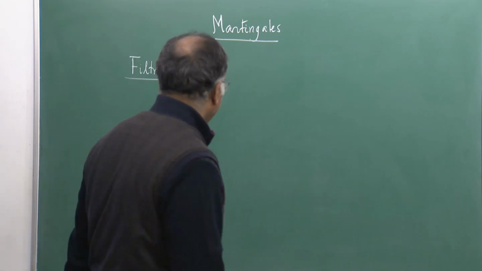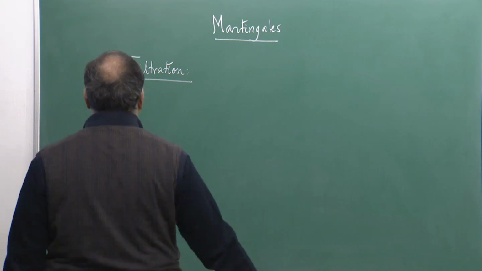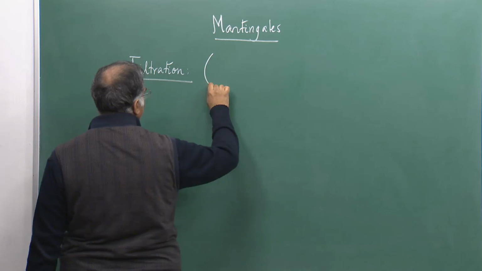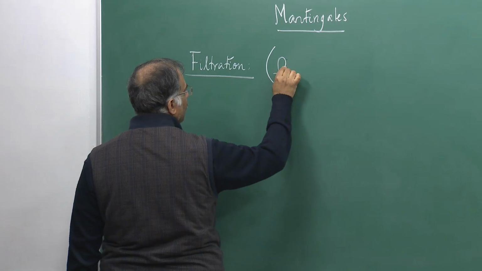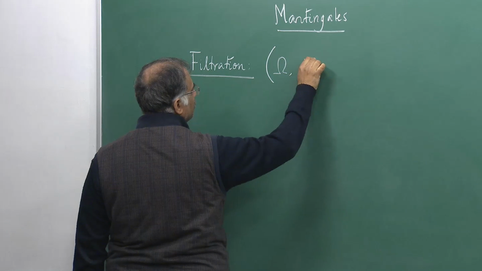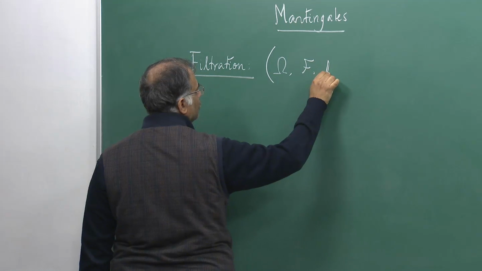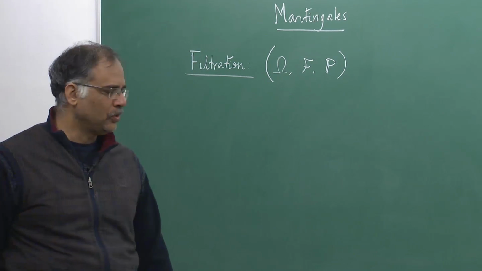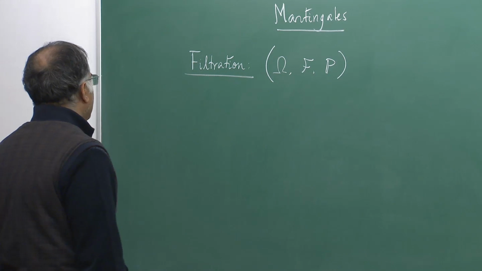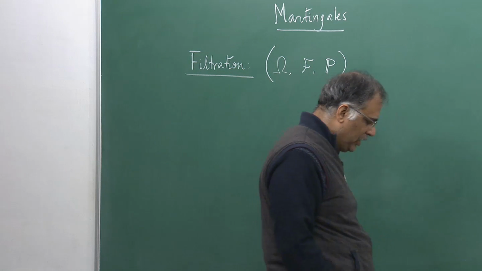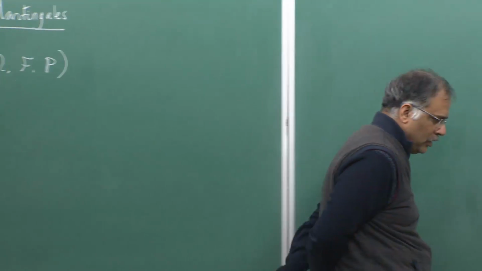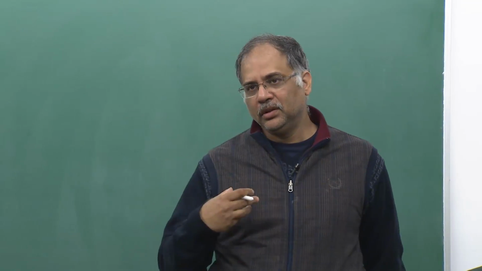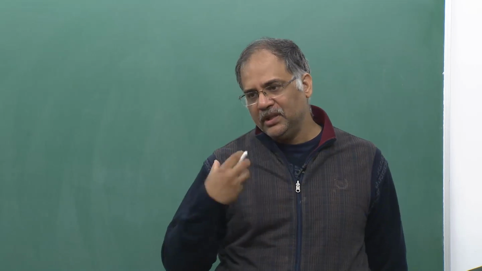Of course, in any discussion that we begin with, always keep in your mind that even if I do not mention it, underlying everything is the following probability space. Now, what essentially is a filtration?